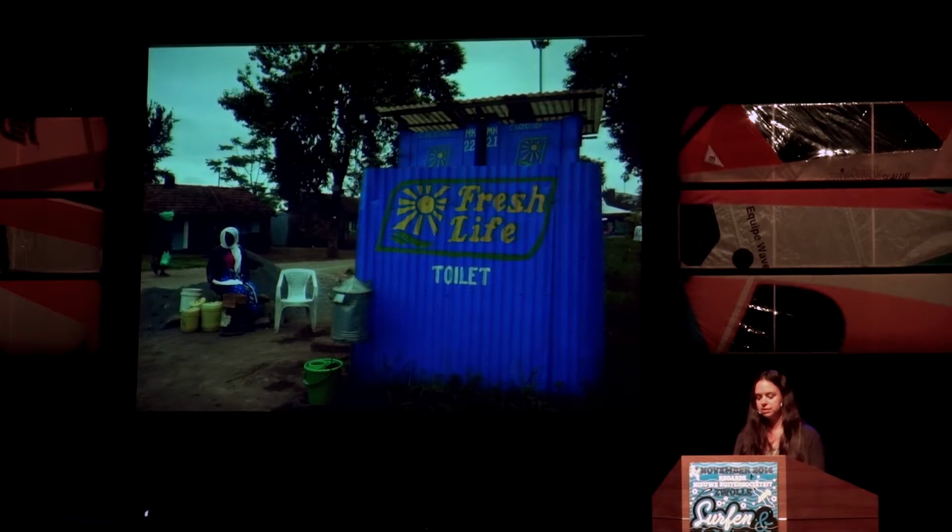And we found in our behavioral research with Fresh Life that the same was true for people in the slum in Kenya. Even though people intended to use these improved, clean, very new toilets, there were various reasons why they were not. So we took a human-centered and behavioral design approach to trying to figure out why people who said that they wanted to use these toilets weren't using the toilets. And what could we do to try and fix the problem?